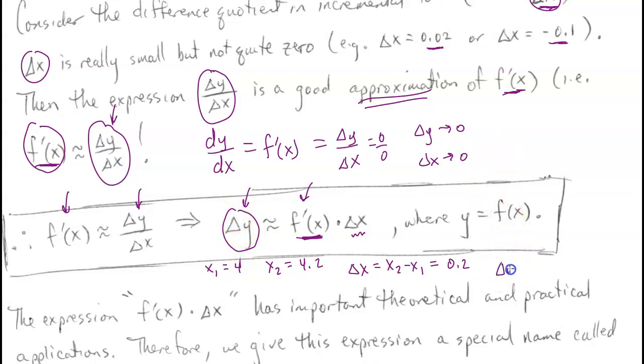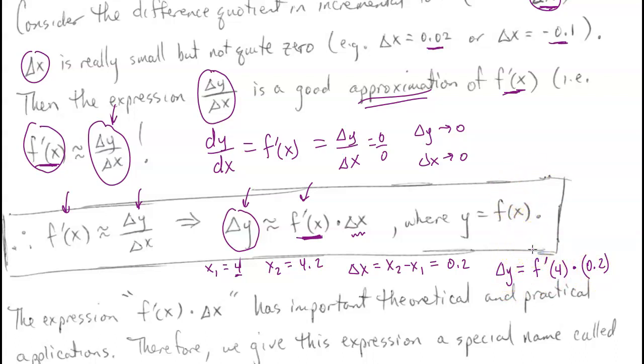I would say the actual change in those y values would be the derivative of that function evaluated at 4, because that's where I started from, multiplied times delta x, but I know delta x is 0.2, okay? And so all I'm doing here is using the slope of the tangent line, and multiplying it times the change in the x values to figure out the change in the y values.